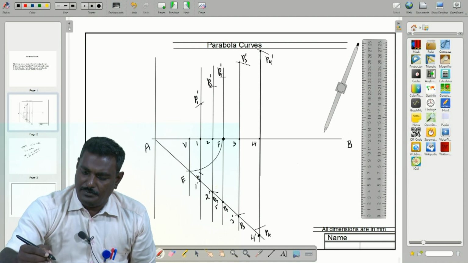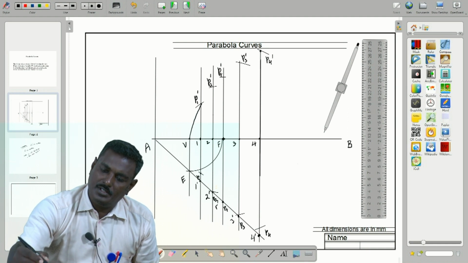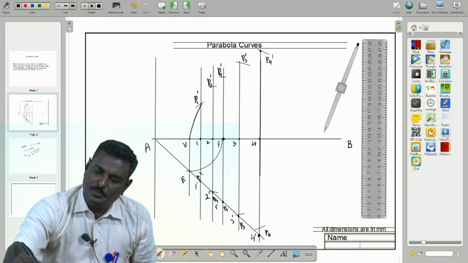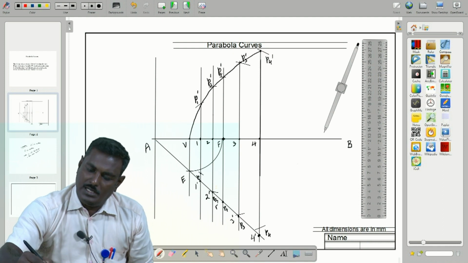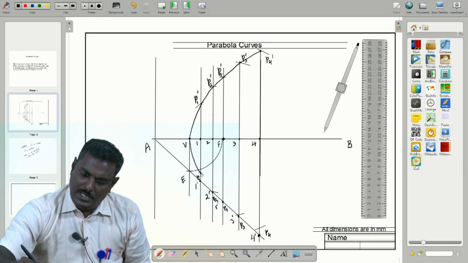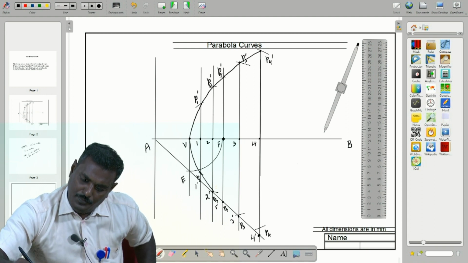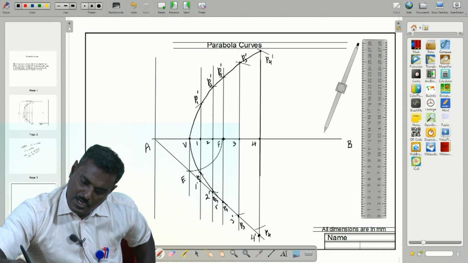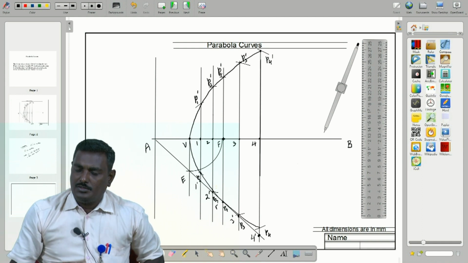So now we join smooth curves from V to P1 dash, P1 dash to P2 dash, from P2 dash to F, then from F to P3, then P4. Below, it's similar: P2, P1 dash, that is P1, then P2, then F, 3 and 4.